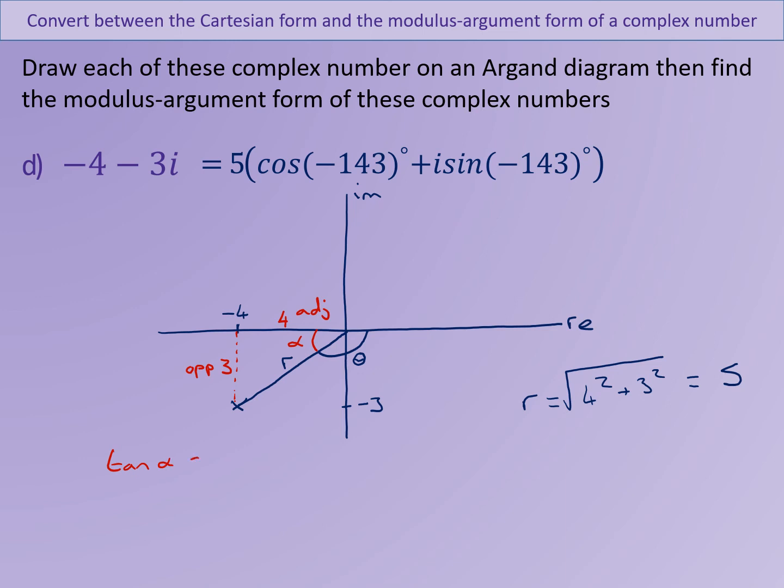Tan alpha equals opposite over adjacent, which is 3 over 4, which means alpha is the inverse tan 3 over 4, which is 36.86, so we'll round that to 36.9.